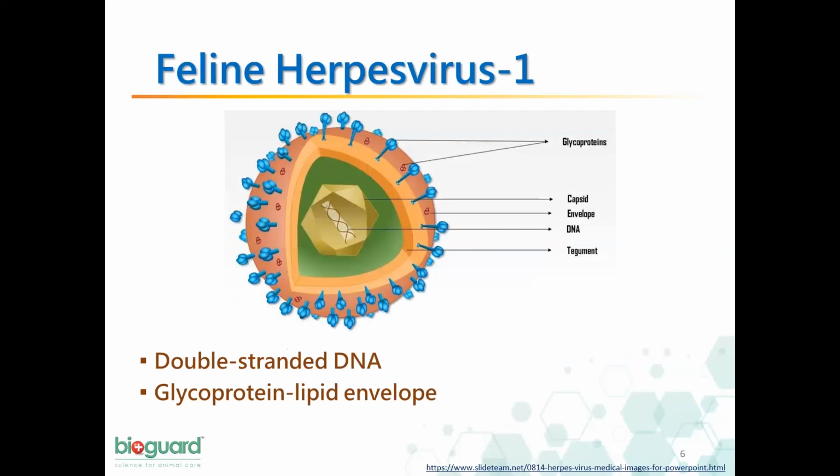Feline herpes virus is a typical alpha herpes virus containing double-stranded DNA, enclosed by different kinds of glycoprotein lipid in its envelope. These glycoproteins are responsible for the detection of the host cells and also cause the start of the infection in the host.